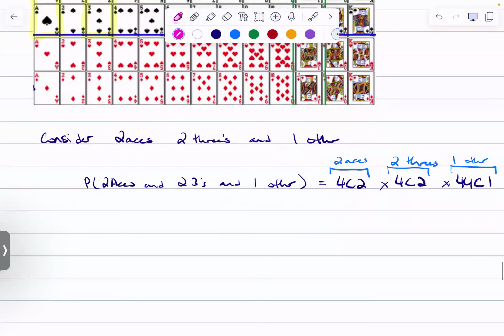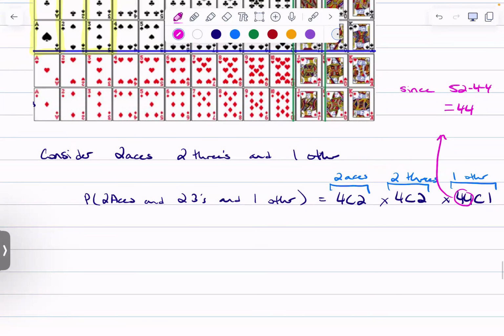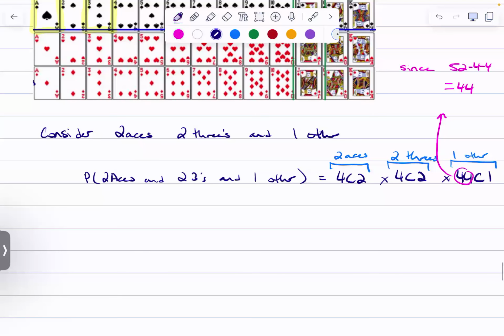And I'll clarify this 44, since 52 minus 4 equals 44. I can't draw an ace and I can't draw a 3. And this is over the total of 52 cards. Choose 5. Hand of 5.